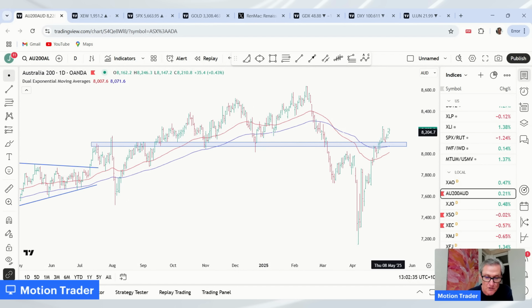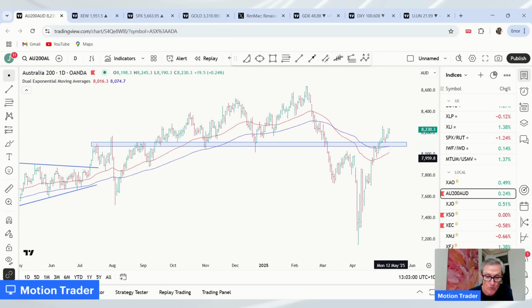What I do think is interesting and worth discussing now is what's going on with the 50 and the 100-day moving averages, because they continue to turn higher after 2 months of declining. So back here from February, 2 months of declining, and now they're starting to round upwards.